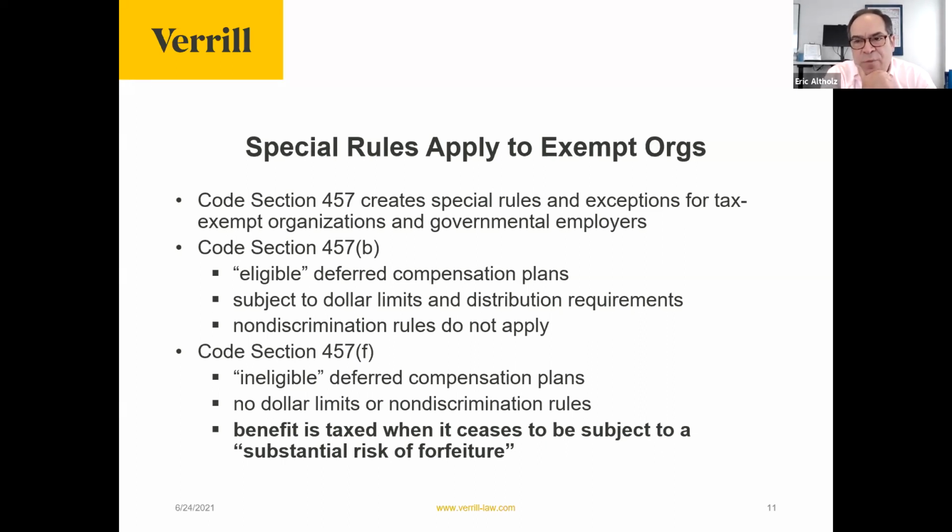As I said, we're assuming that for purposes of our conversation today we're talking about a for-profit C corporation, but we do want to mention, if there are any tax-exempt organization folks out there, that Section 457(b) plans are quite popular in the tax-exempt world. They are not subject to Section 409A, they're specifically exempt. And they are subject to special rules that make them very useful benefits, particularly because they're exempt from 409A.